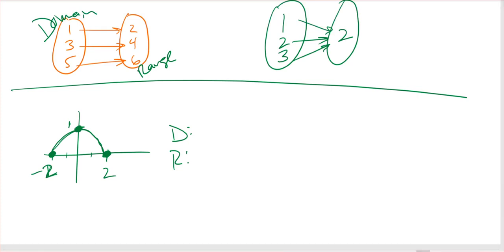So the trick here is to think about just squishing everything down to the x-axis, because we only care about what the x's are, right? So all these ordered pairs, we just want all the x values from them. So we squish it all down to the x-axis, and it would lie right there. We would have a line segment between -2 and 2.